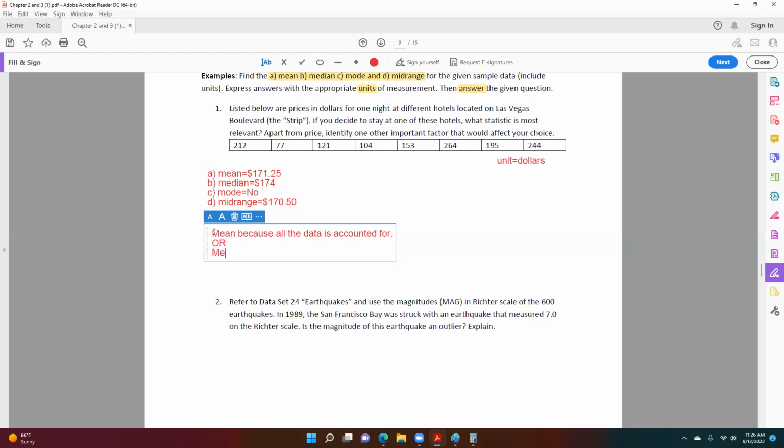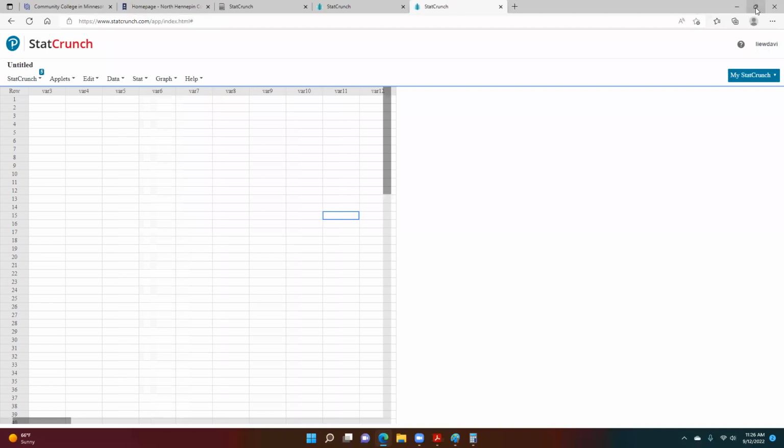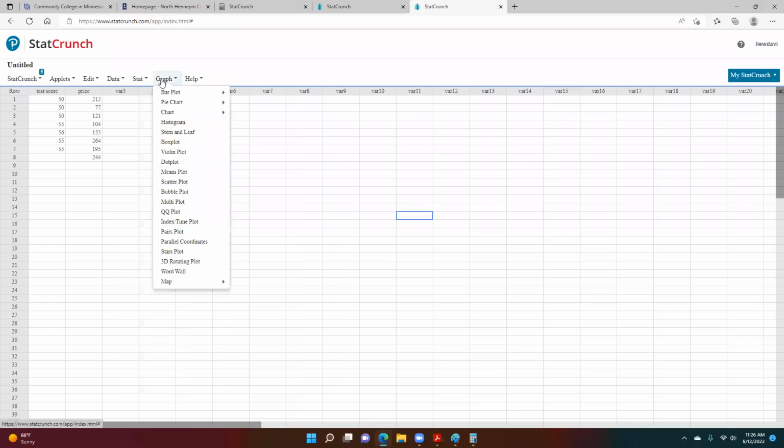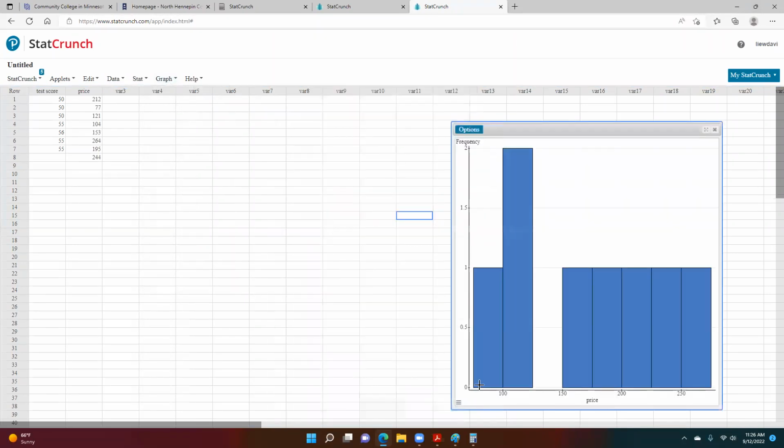Now, sometimes some people will pick the median. The reason why people will pick the median is because of outliers. As you know, if you look at these questions, we might have some outliers. So we can also look at the graph. If you want to draw a histogram of the price of the Vegas hotel here, we might have some outliers at the far end.